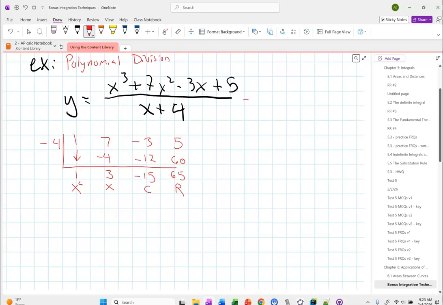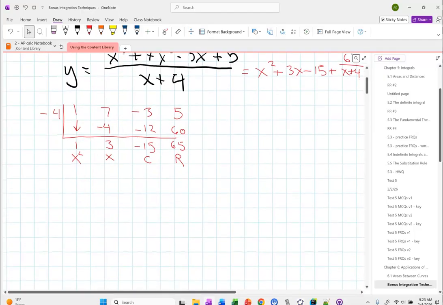So that means that I can rewrite this problem as that, right? Everybody feel good?